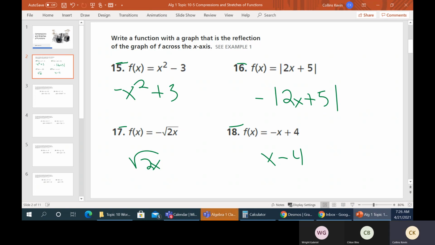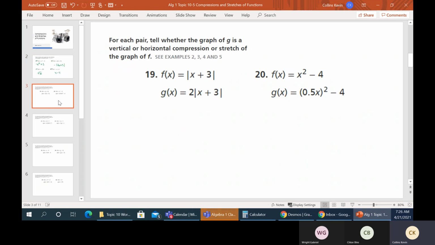Alrighty. So let's continue on. Okay, so this says, tell whether the graph of G is a vertical or horizontal compression or stretch of the graph of F. So the first one here, we've got the absolute value of x plus 3.